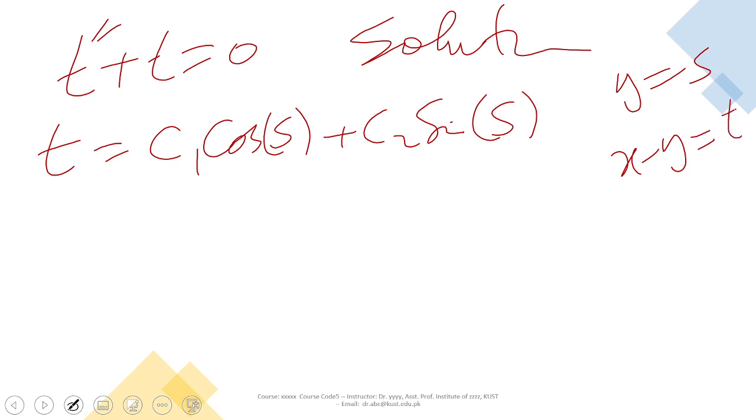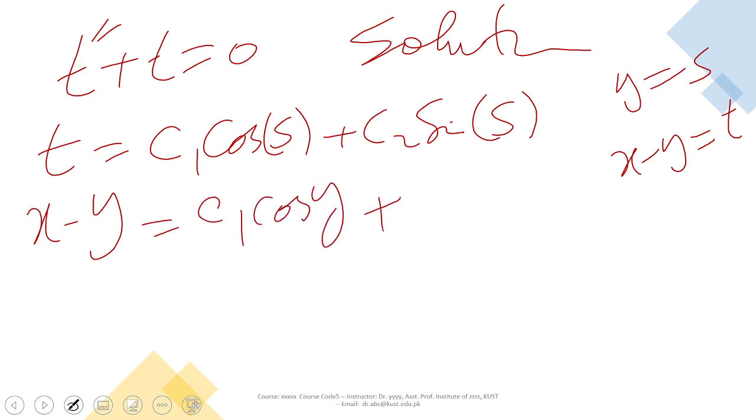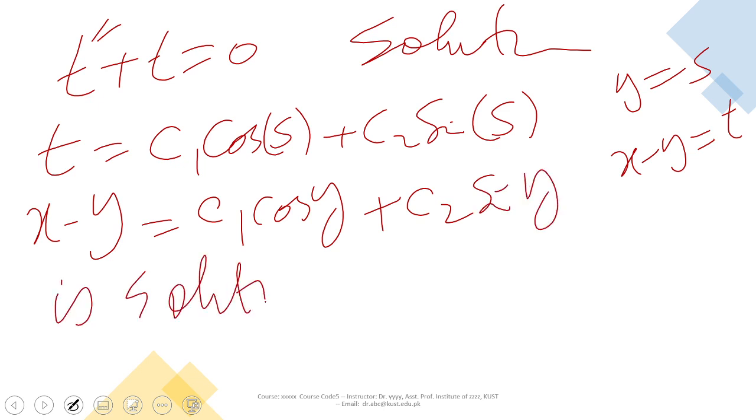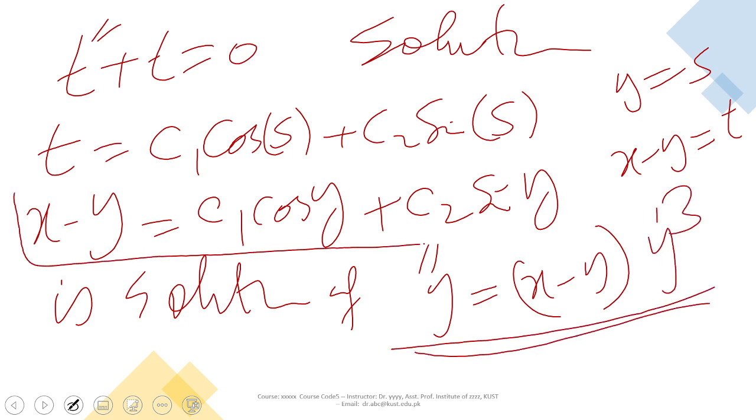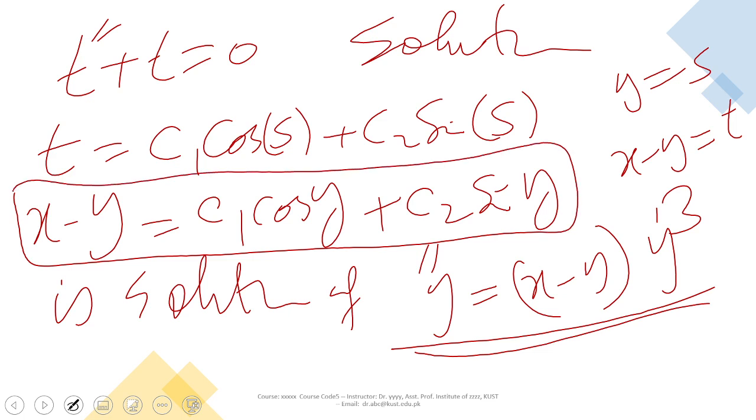So replacing this, t is x minus y, c1 cos y plus c2 sin y is the solution of y double dash equal to x minus y, y dash cube. So this is the analytic solution of this differential equation, and that is the power of symmetry.